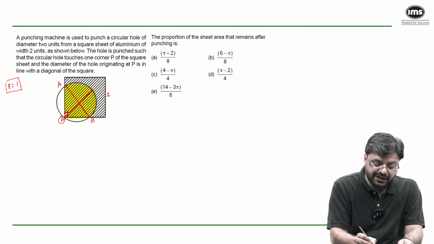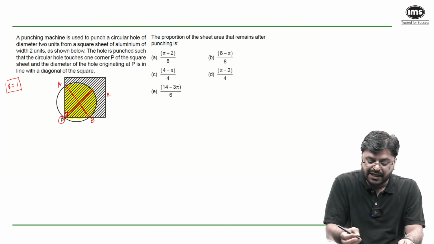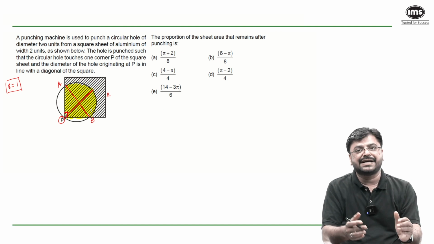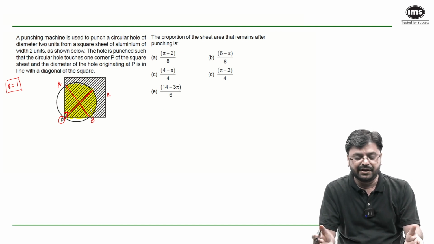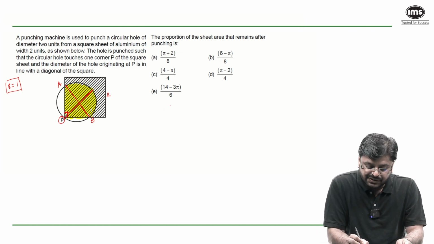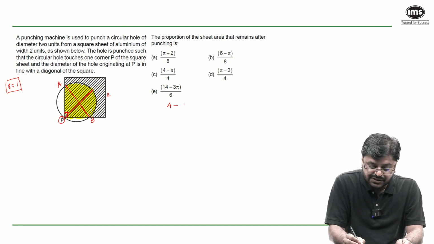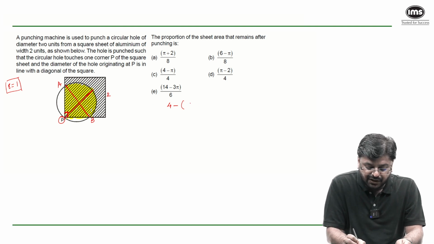So we need the sheet area that remained after punching. First we need to calculate the area of the square. That is 4. So first let's calculate the area which remained after punching. That is 4 minus this yellow shaded region, which is half the area of the circle. The area of a circle is pi r square, so pi r square by 2.